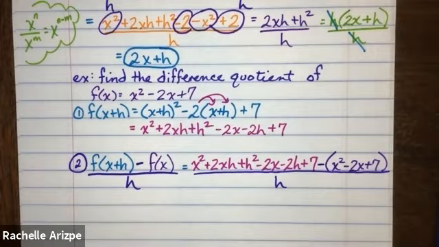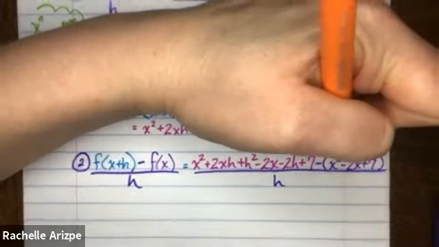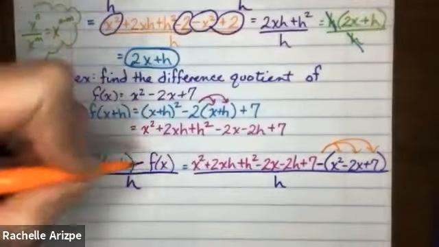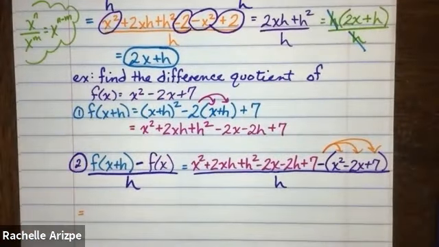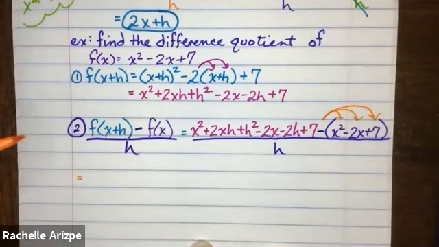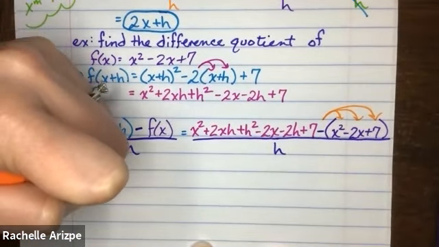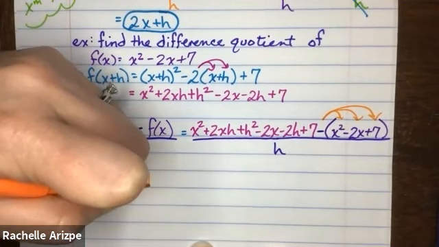Let's distribute that negative to all three terms in f of x. Our f of x plus h did not change.